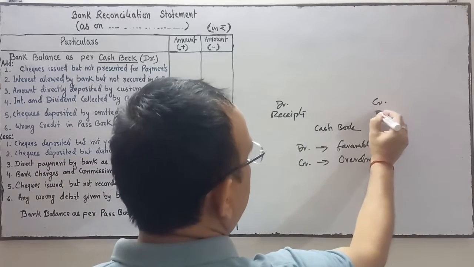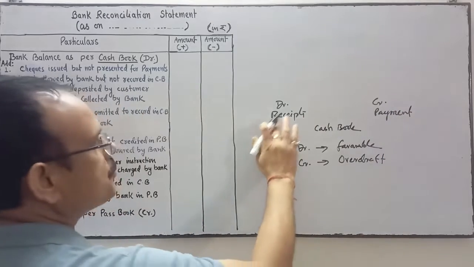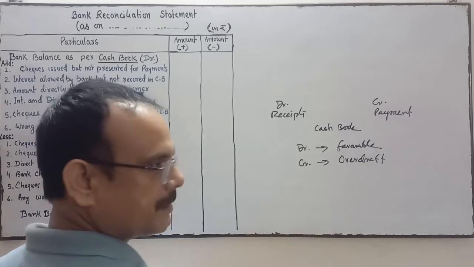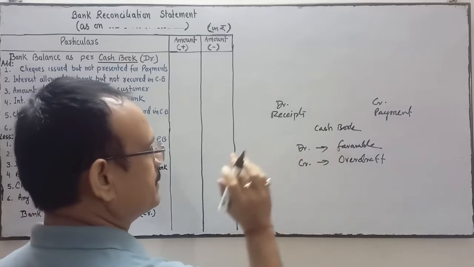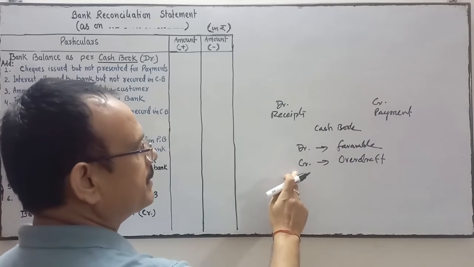So if receipts are more than payments, it's a debit balance, a favorable balance. And vice versa, if credit is more than debit, then it's a credit balance.